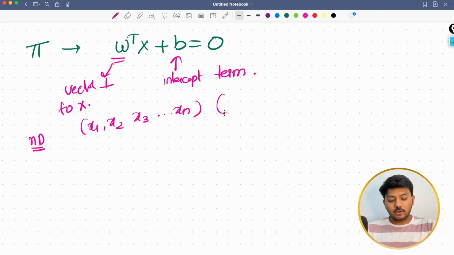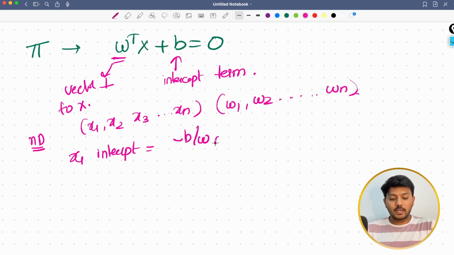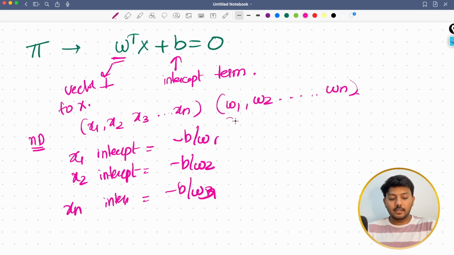These are column vectors, and for w we have w1, w2 up until wn. So what is your actual x1 intercept? This would be equal to minus b by w1. x2 intercept equal to minus b by w2. xn intercept equal to minus b by wn. So to generalize, xi intercept would be minus b by wi.